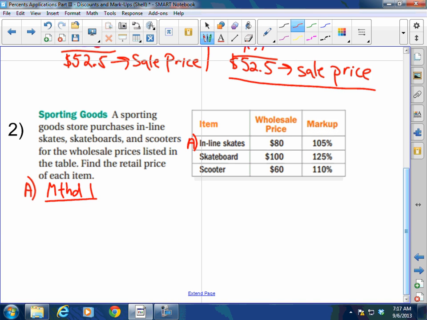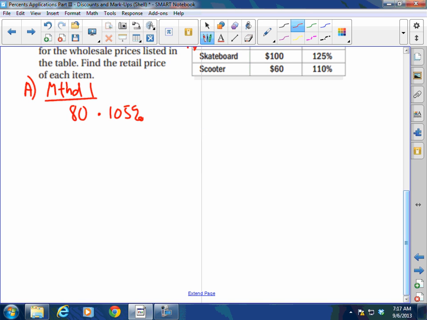Method 1, I've got $80 and I have to apply a 105% markup. Okay, so I've got 80 times 105%. Remember that you have to turn 105% into a decimal. So I've got 1.05 times 80.